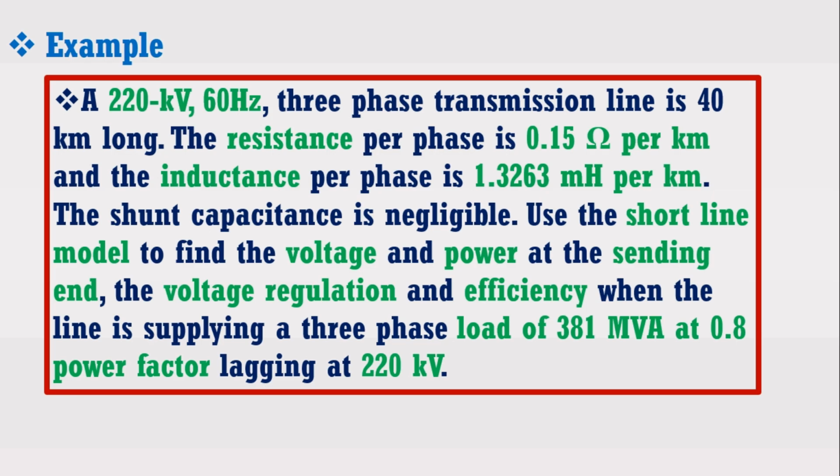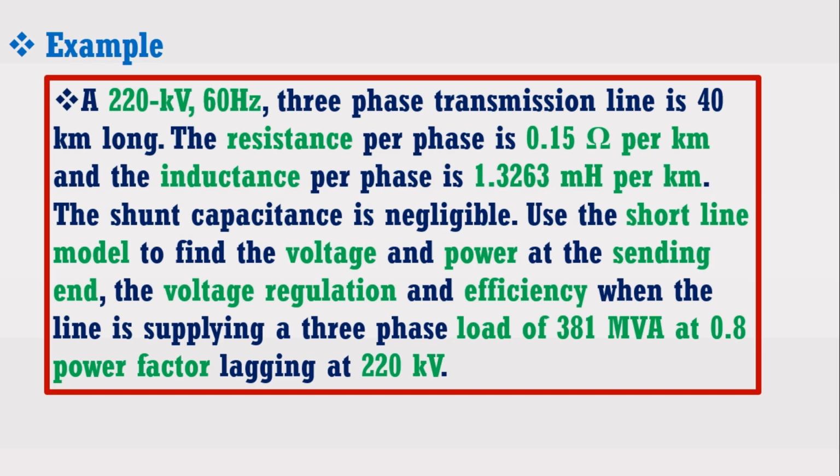Using the short line model, we have to find the voltage and power at the sending end, the voltage regulation and efficiency when the line is supplying a 3-phase load of 381 MVA at 0.8 power factor lagging at 220 kV. The mathematical solution of this example can be found in the Hadi Sadat book.